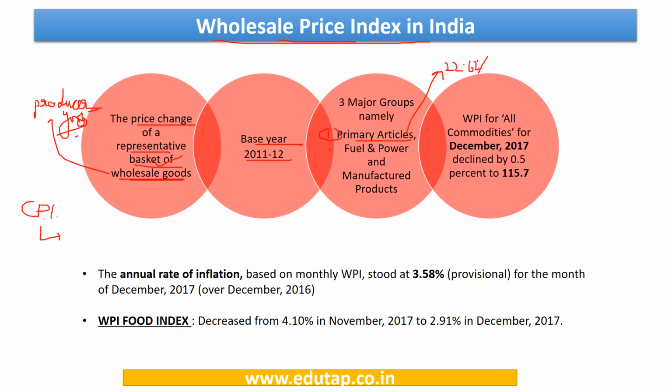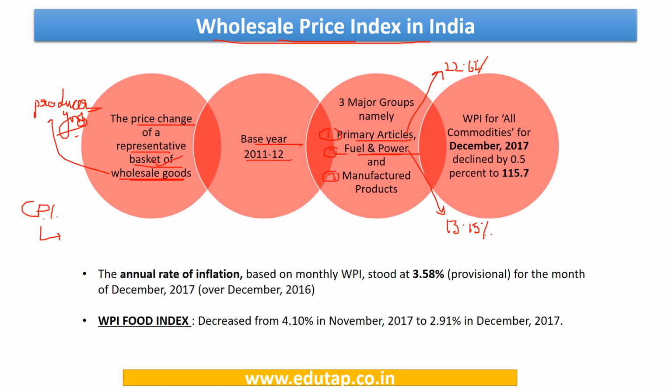The second category is fuel and power. This basically contains goods which are related to the fuel and power industry, and the weightage for this category is 13.15%. You need to learn these figures, the different weightages to different categories under different indexes, and for the wholesale price index there are three categories, each having different weightages.